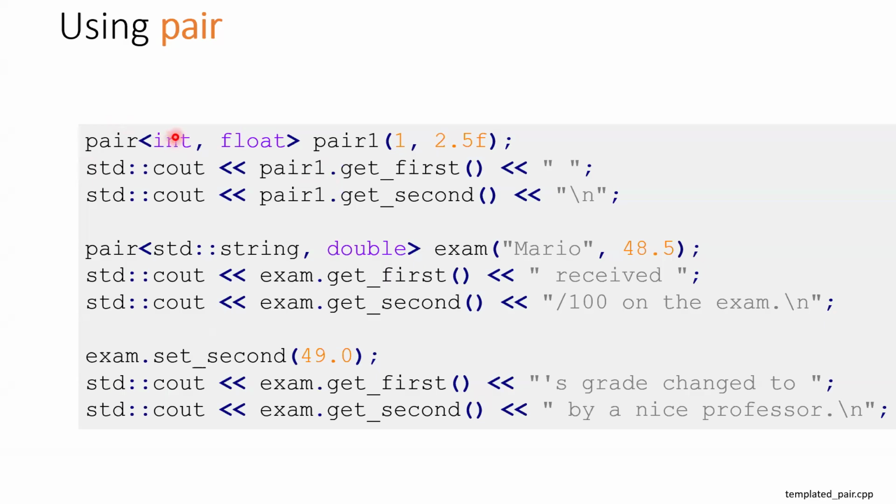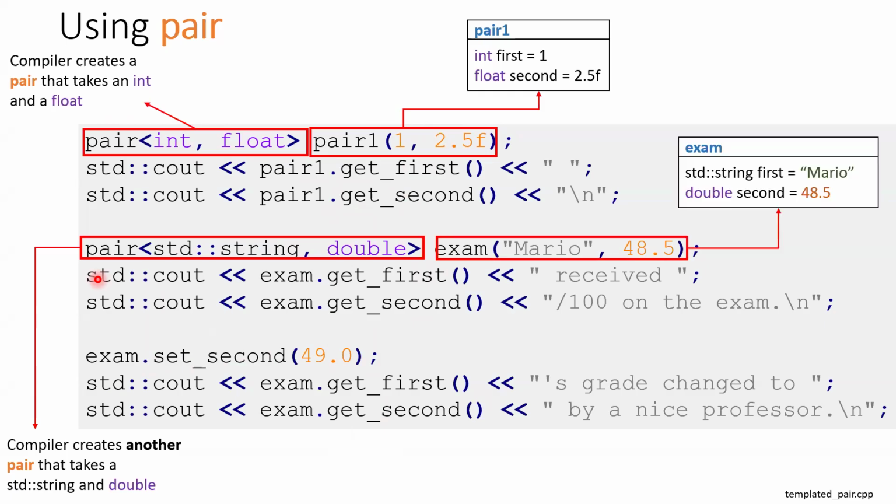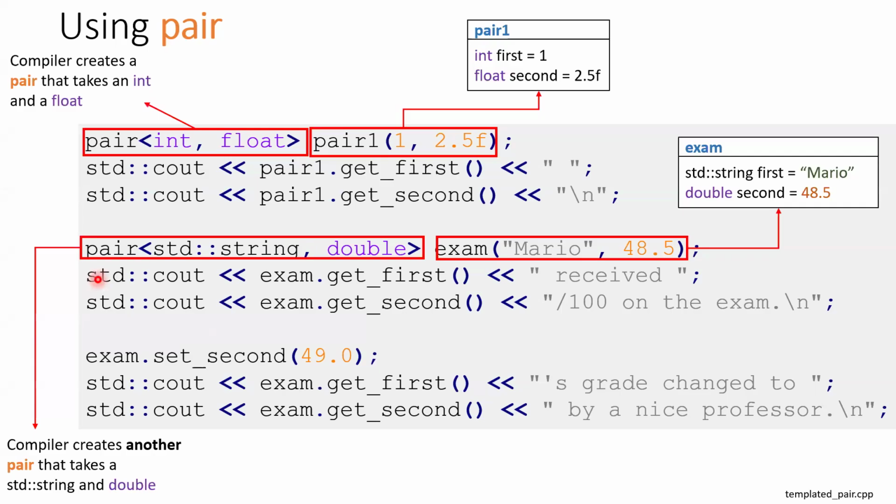So pair, the two types, and then the constructor having the two values. Then we can use the getters and setters. This should be pretty straightforward. And I'll move on to the first demo.